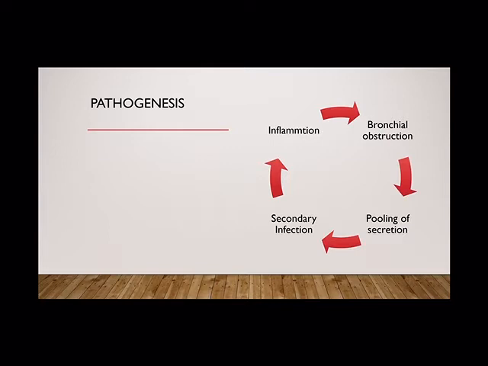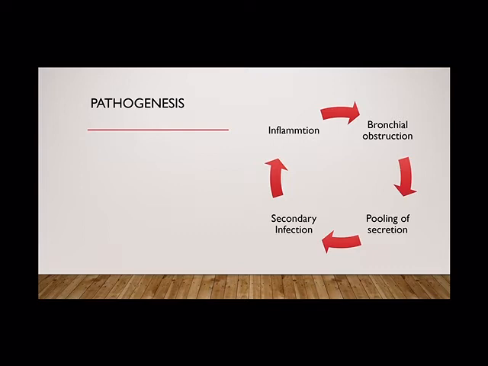This is what the definition says. But before that, you need to understand one thing in bronchiectasis, this vicious cycle. In the cycle, at any entry point if you enter in, it will lead on to bronchiectasis. That is what the pathogenesis of bronchiectasis says.